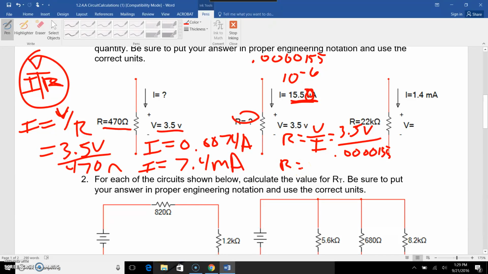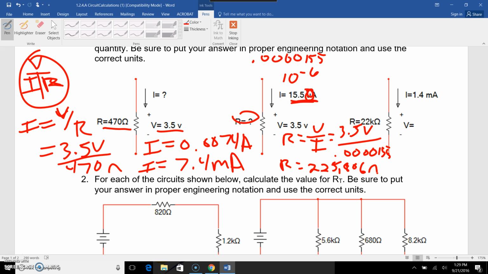As you put that into your calculator, our resistance is 225,806 ohms. You could put that in kilo ohms if you wanted a number that was more manageable. That would be 225.8 kilo ohms.